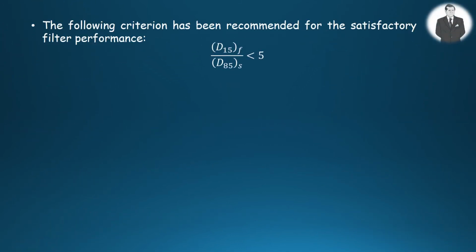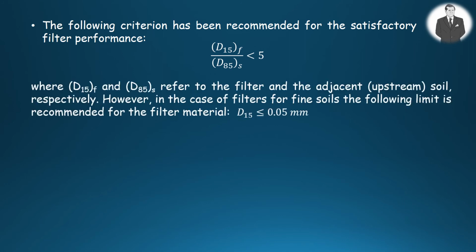The following criterion has been suggested for acceptable filter performance. D sub 15F over D sub 85S should be less than 5, where D sub 15F and D sub 85S refer to the filter and surrounding soil respectively.